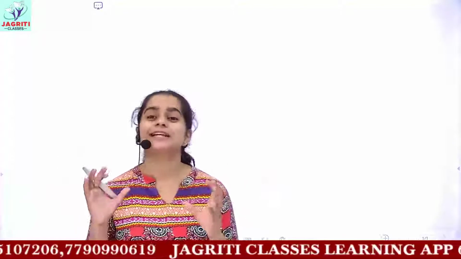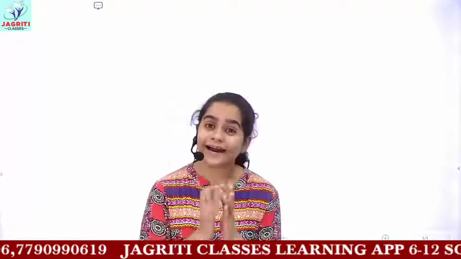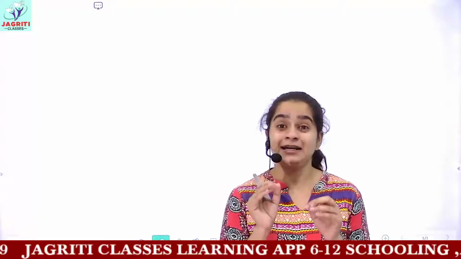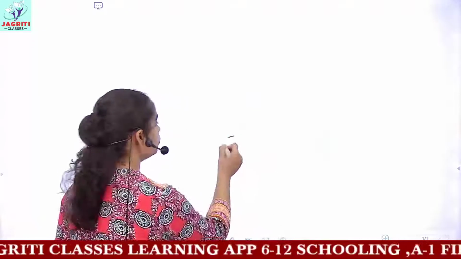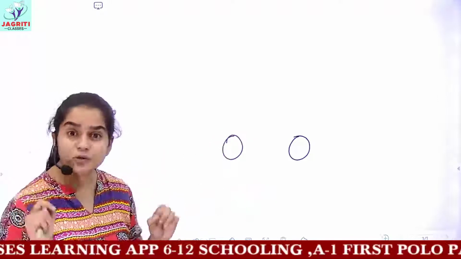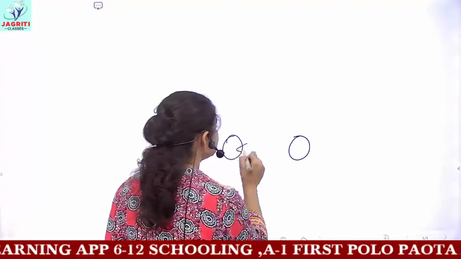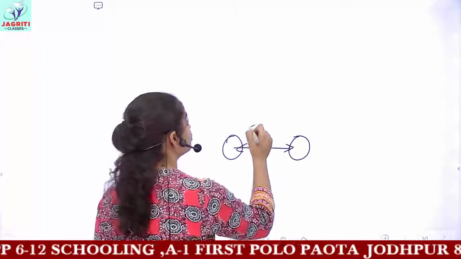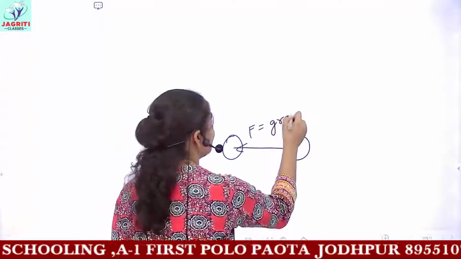Gravitation is what? Any two objects present in the universe attract each other by a force which is known as gravitation force. Both of these objects apply a force on each other.